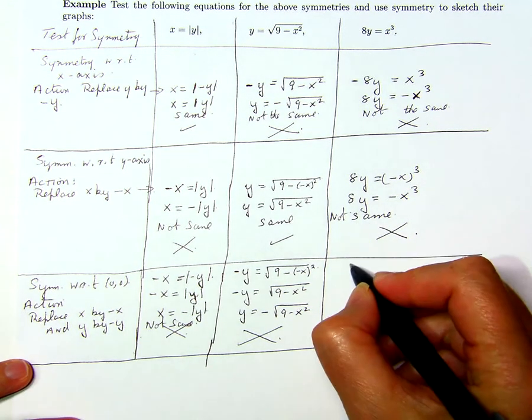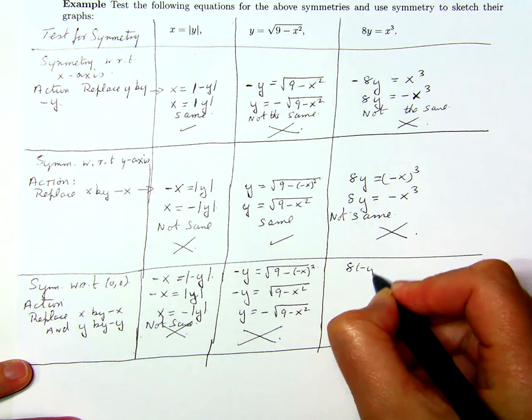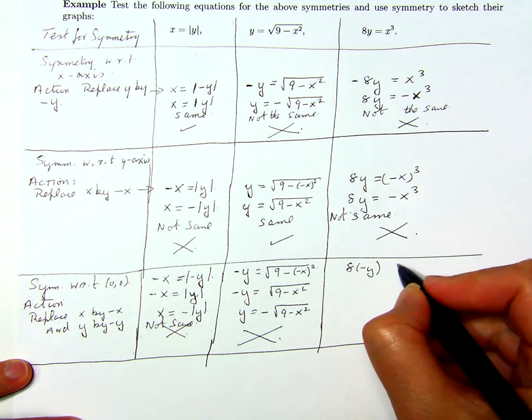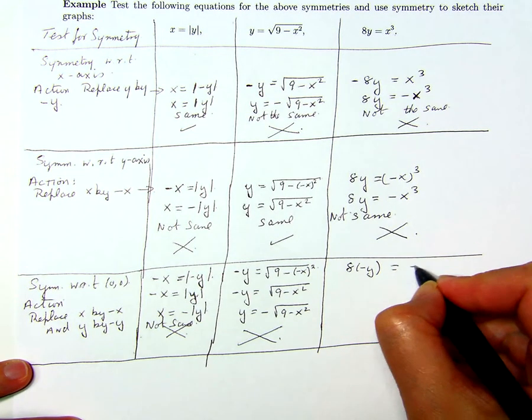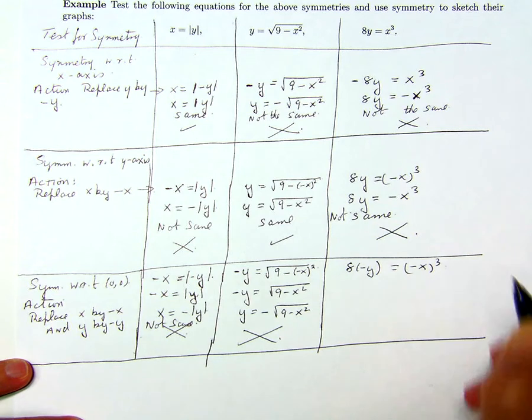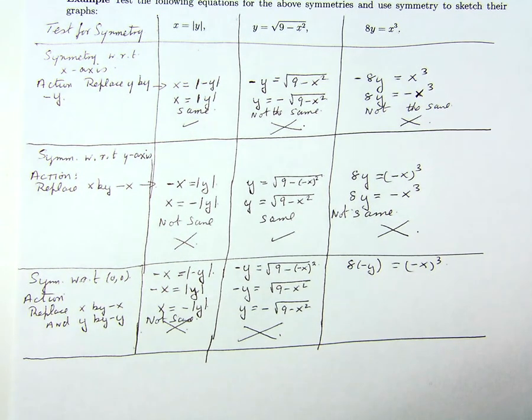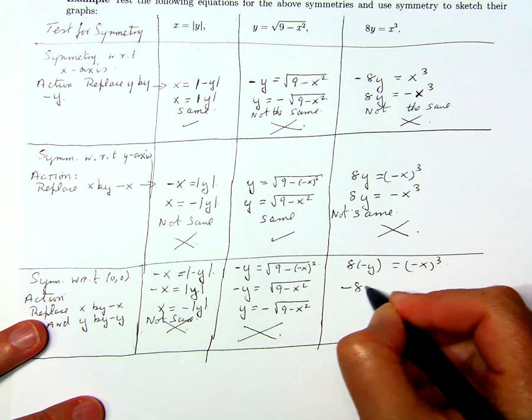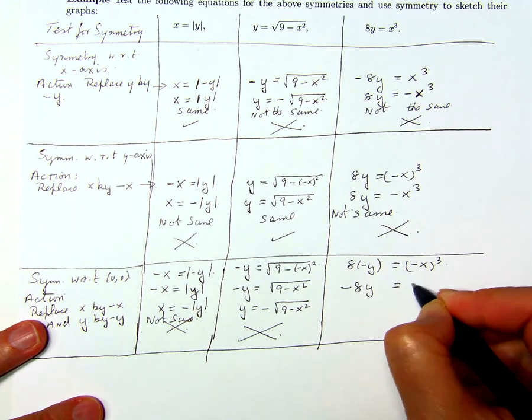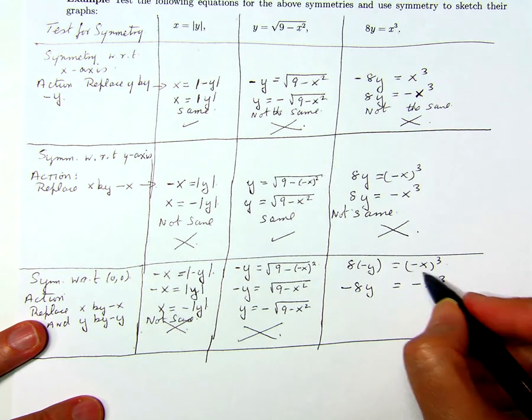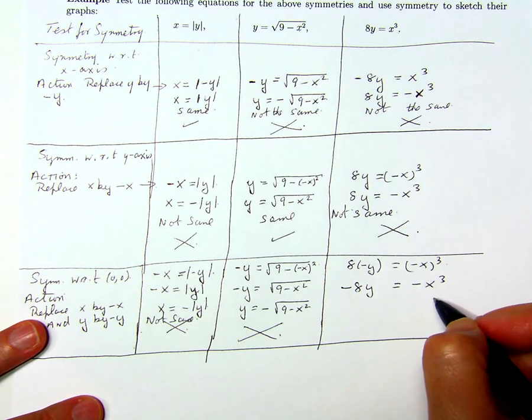How about this one? 8 times negative y equals negative x cubed is what I get when I replace x by negative x and y by negative y in the equation. This says negative 8y equals negative x cubed, because negative 1 cubed is negative 1.